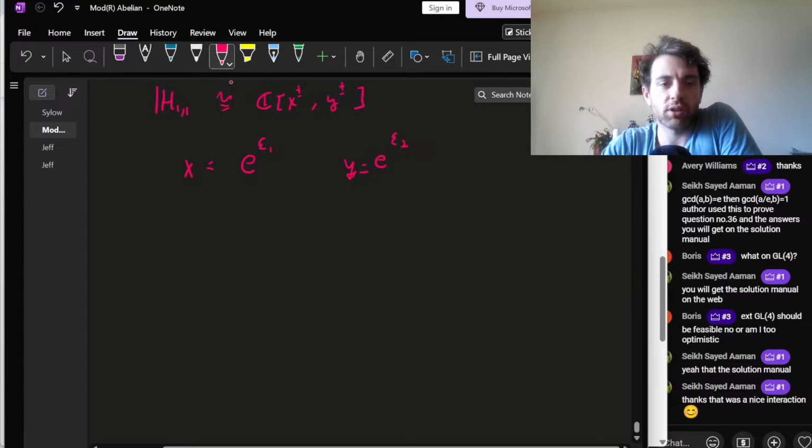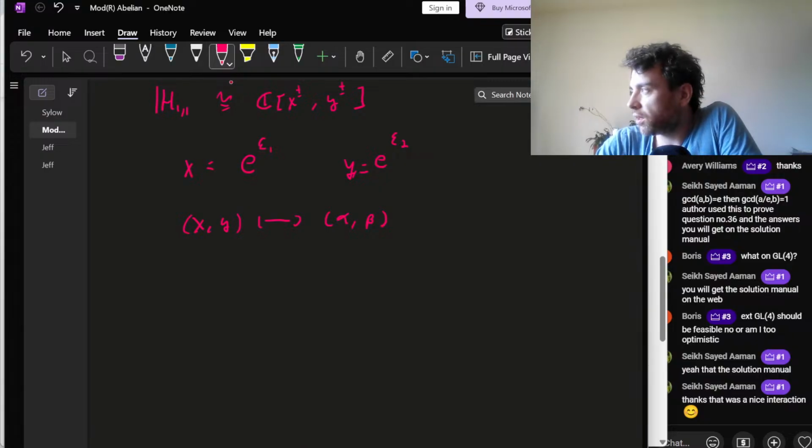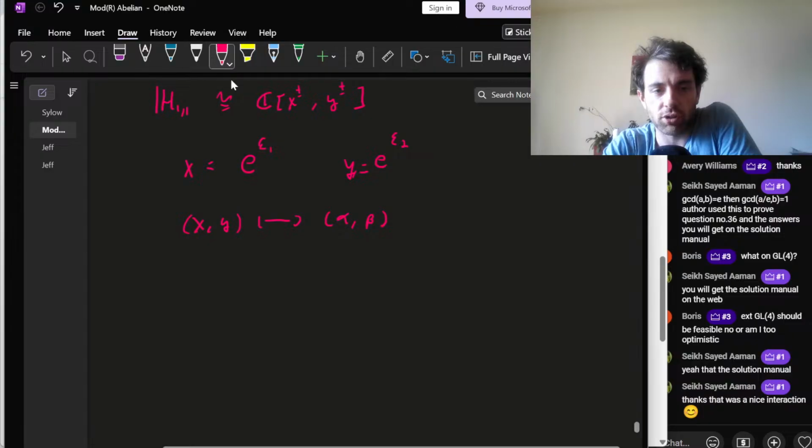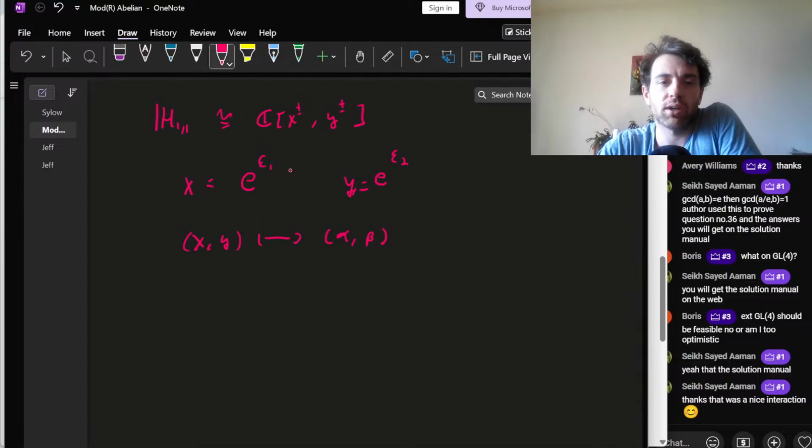A representation is completely determined just by deciding where you send X and Y, basically by the evaluation map to some pair of complex numbers A and B. Then one can explicitly determine the possible extensions.